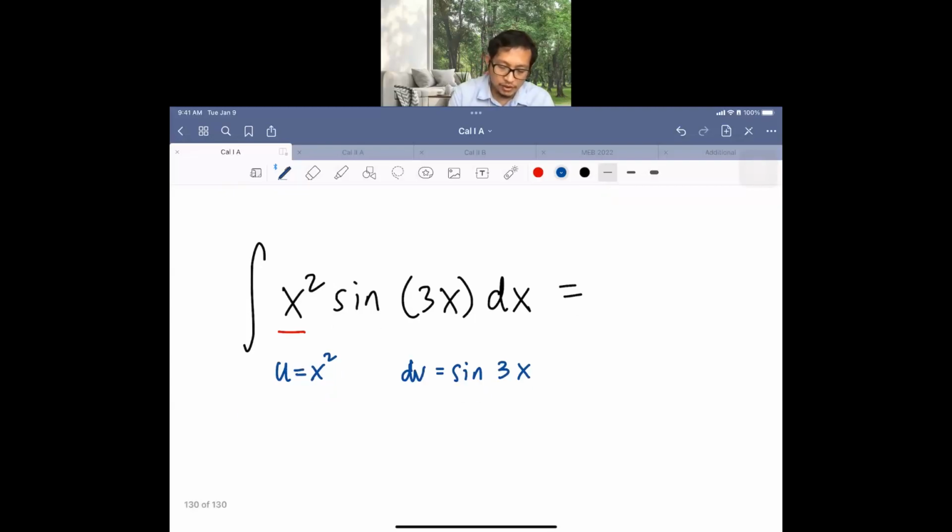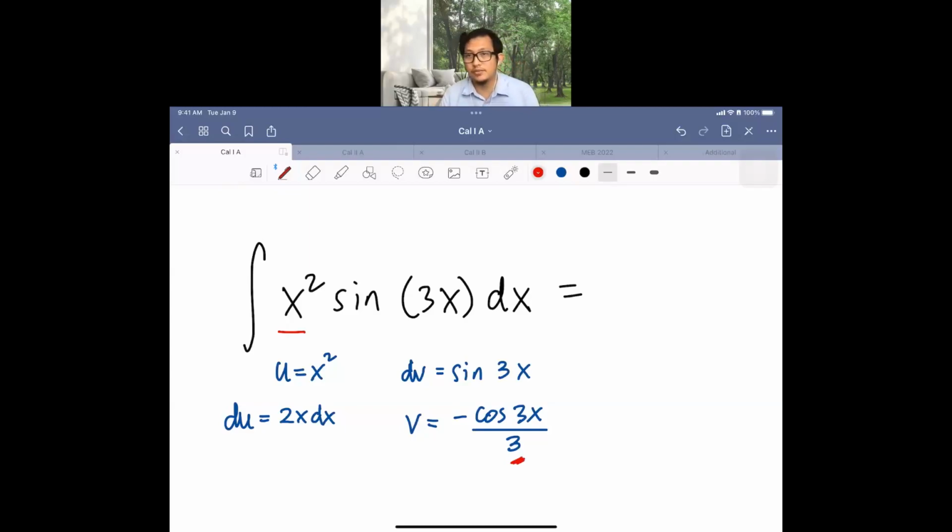So du will be 2x dx, right? And v will be the integral of sine 3x, which is negative cosine 3x divided by 3. Don't forget to divide by 3. And how do we know that we need to divide by 3? We can imagine we derive. Then we need to have divide by 3.